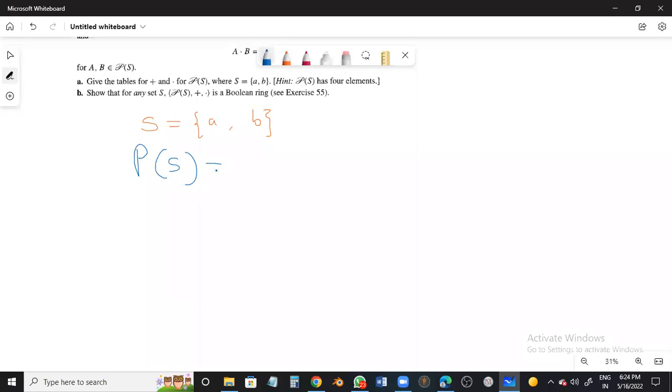Yes, it contains the empty set, then singleton A, then singleton B, and the whole set AB. Either you call it S or just write it AB.